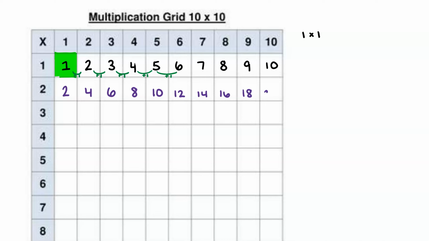And 2 rows of 10 would make 20. Now again, in this row, we're multiplying by 2. And if you look to get from one box to the next, you're just adding 2 each time.